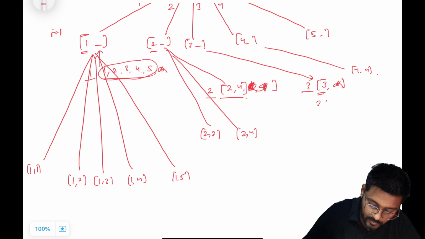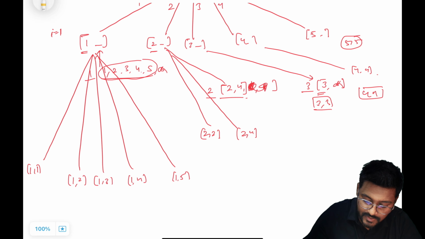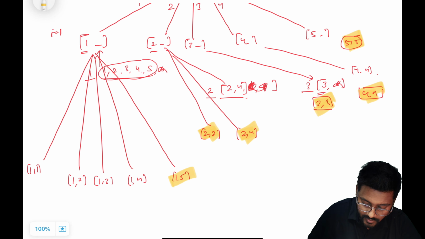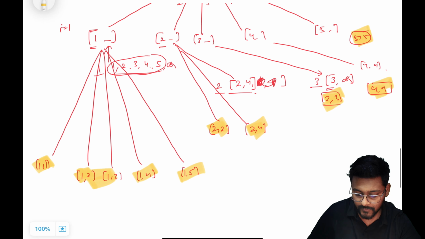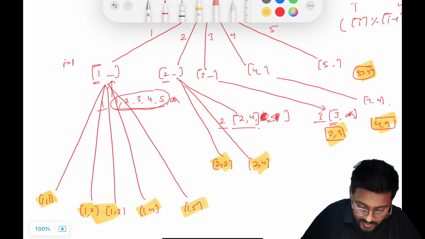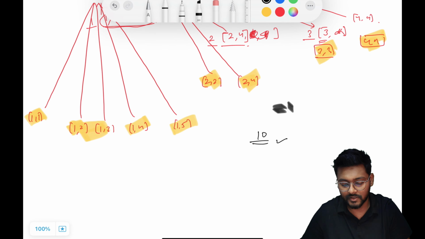After 3 we have only one possibility, 3, 3, then 4, 4 and 5, 5. If I just try to count these ideal subarrays: 5, 5, 4, 4, 3, 3, 2, 4, 2, 2 and 1, 5, 1, 4, 1, 3, 1, 2, 1, 1 — that is 1, 2, 3, 4, 5, 6, 7, 8, 9, 10. So these are 10 in number, and this 10 is going to be my answer.